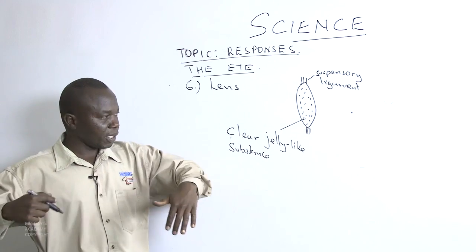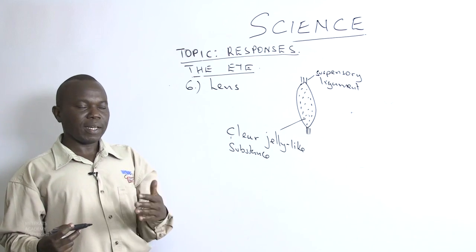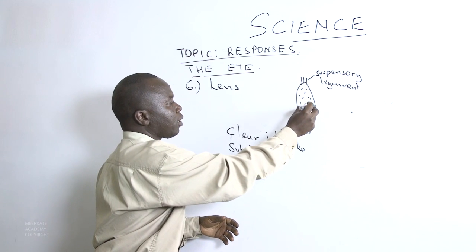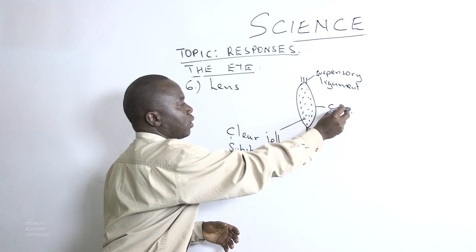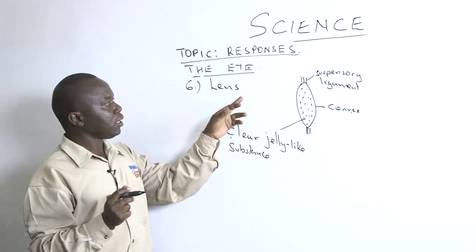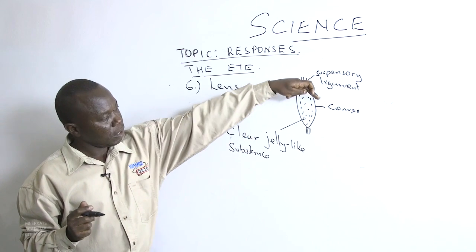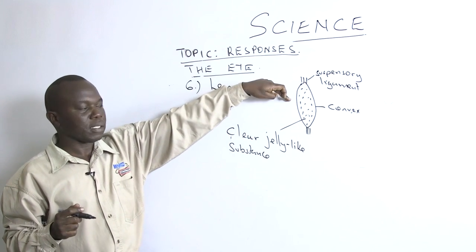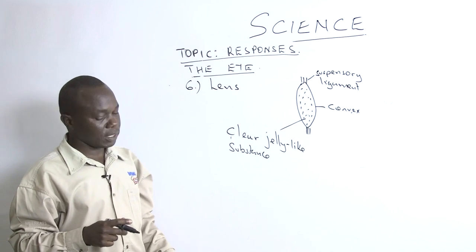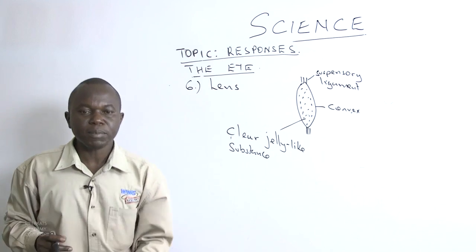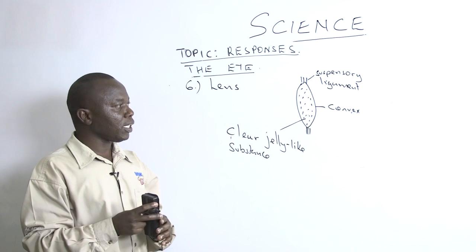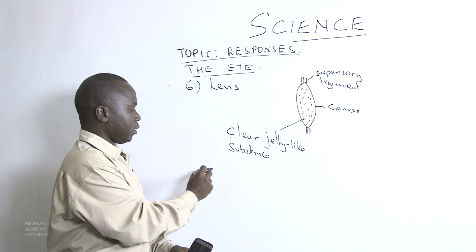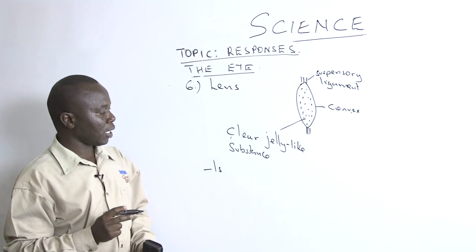It is curved outward. When we have a lens curved outward, we call it convex. But it is made up of two sides, one side and the second side. Because of that, a lens is described as biconvex in nature.